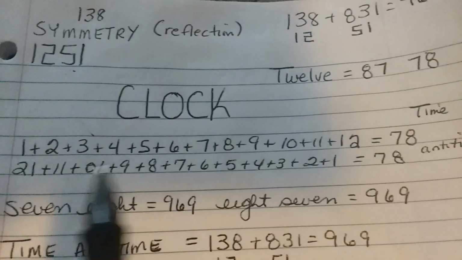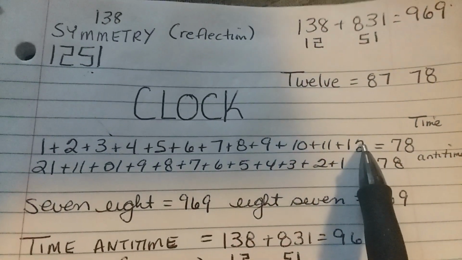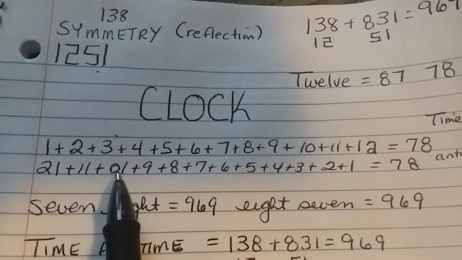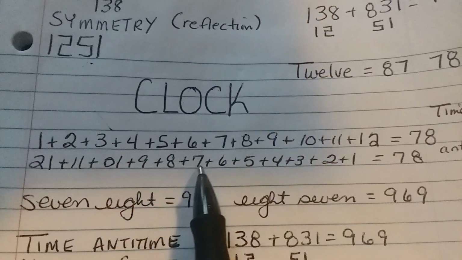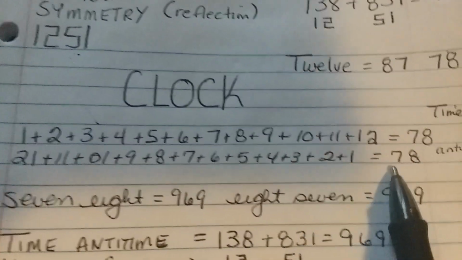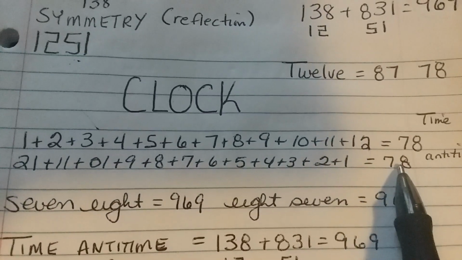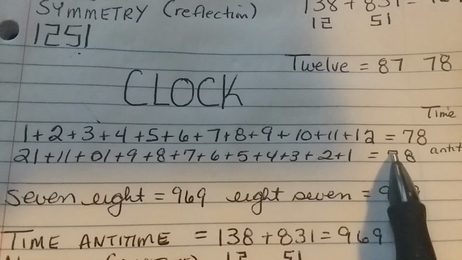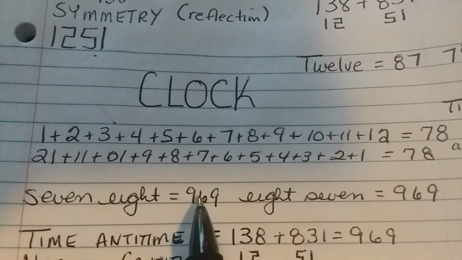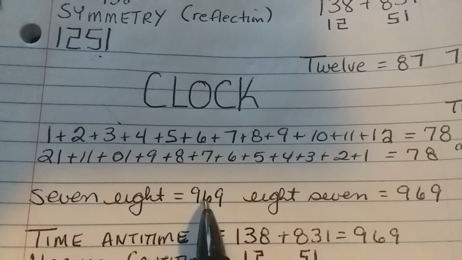Then if you do it backwards, 12 will now be 21. So you're going backwards: 11, then 10, plus 9 plus 8 plus 7 plus 6 plus 5 plus 4 plus 3 plus 2 plus 1, going backwards, is still going to equal 78. And again, you got 7 and 8. And 7, 8 equals 969 in Jewish gematria.